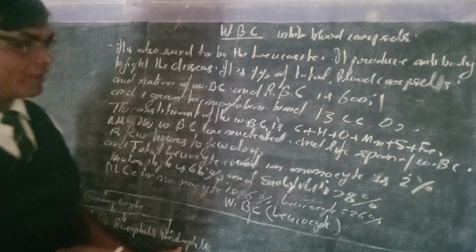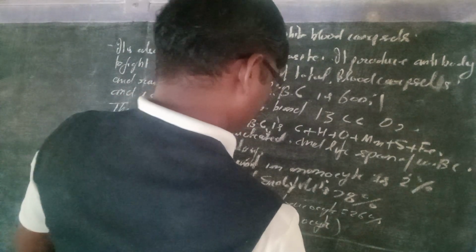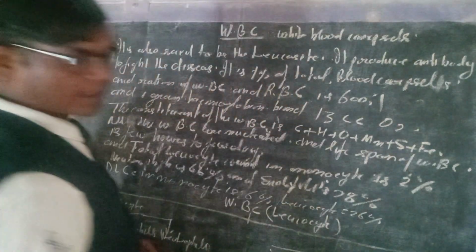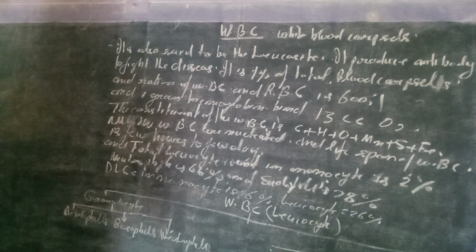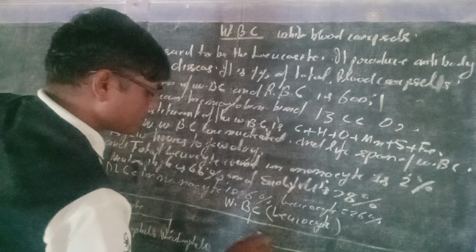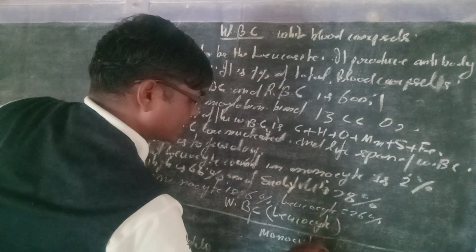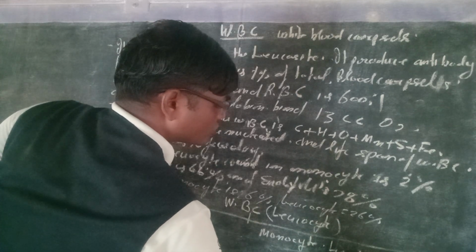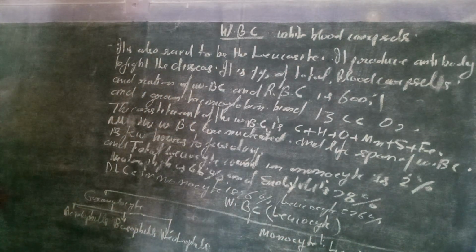Agranulocytes are divided into two parts: monocytes and lymphocytes.